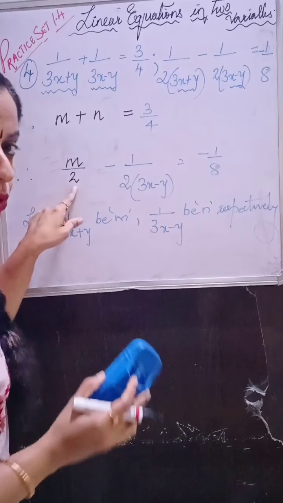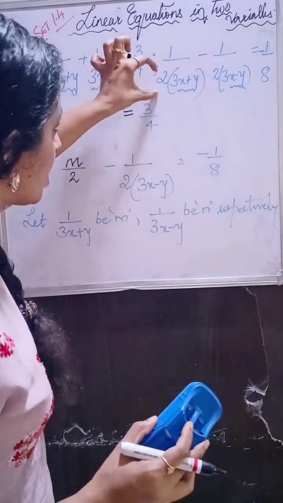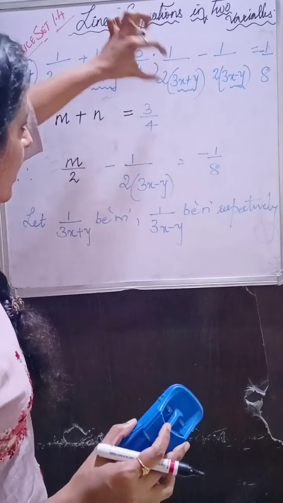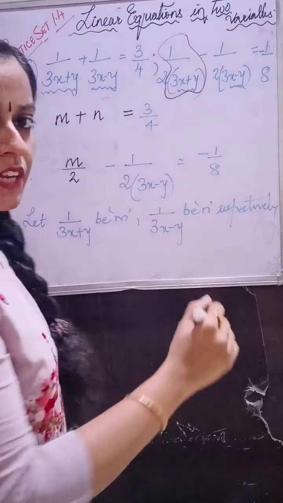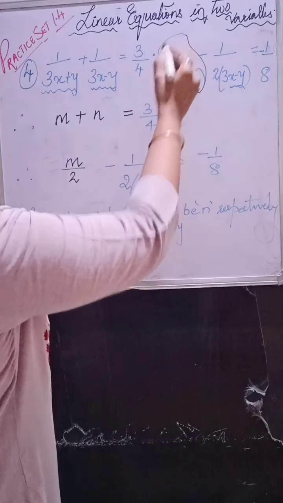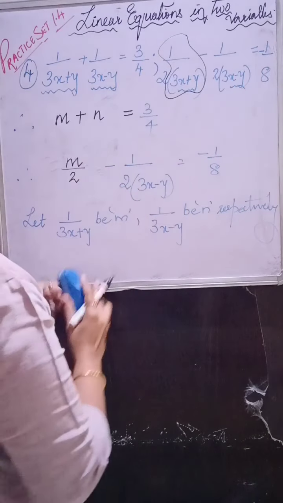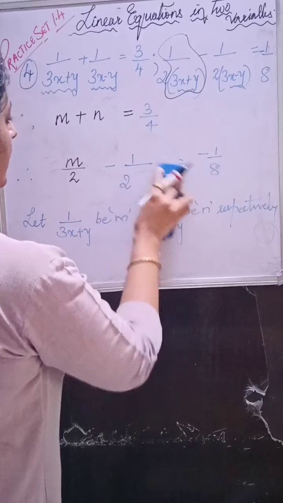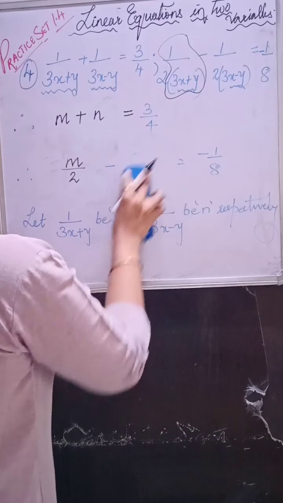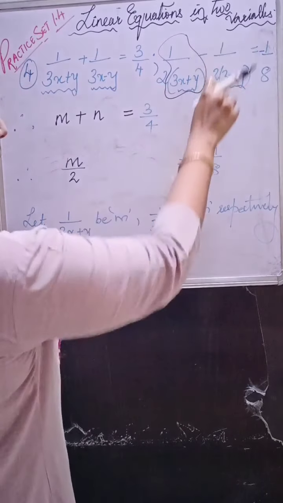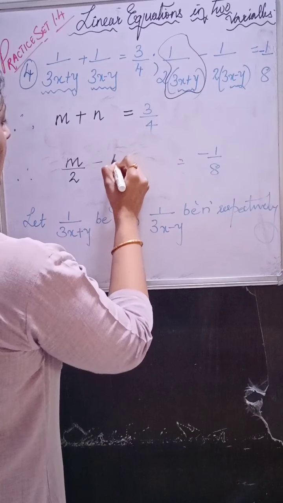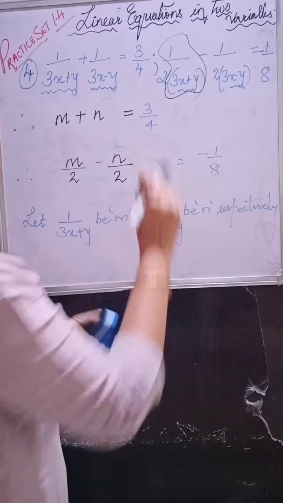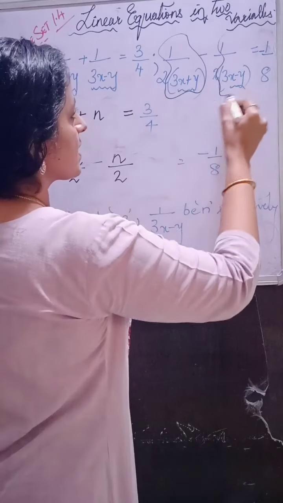Don't take 2 to the numerator. 2 is in the denominator. So this 2 will remain here. Only 1 upon 3x plus y will become m. So this will be m upon 2 minus n upon 2, where 2 remains in place and this whole thing is n.